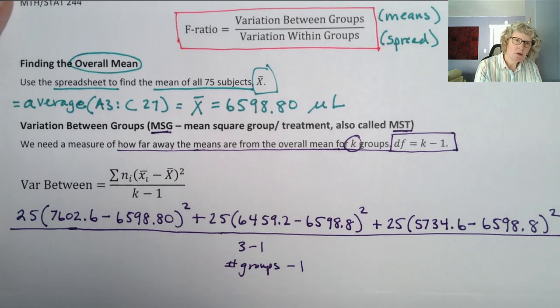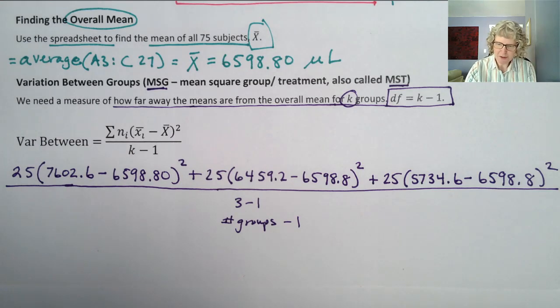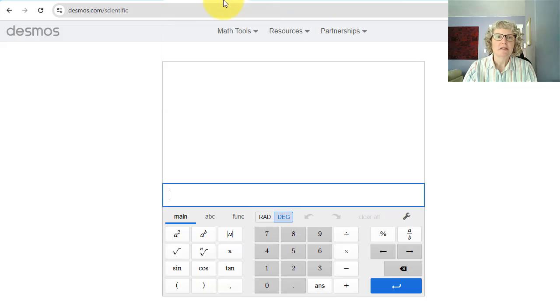Okay, so I highly recommend the Desmos calculator for this, and you know why? Because we've got a lot of opportunity to make mistakes. So I've got mine right here.